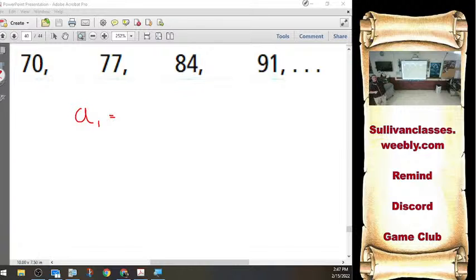If it's upstairs like an exponent, that means I'm going to do it this many times. If it's downstairs, it's telling you the name. A sub 1 is the first term. So you'll just tell me 70. Here's where I start. A sub 1, the first term, is 70.